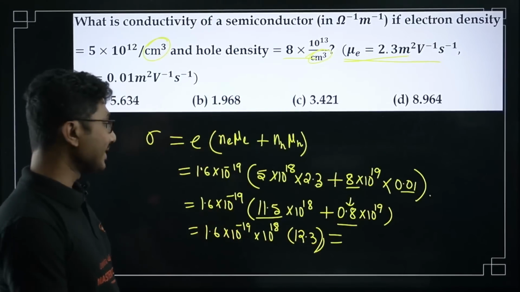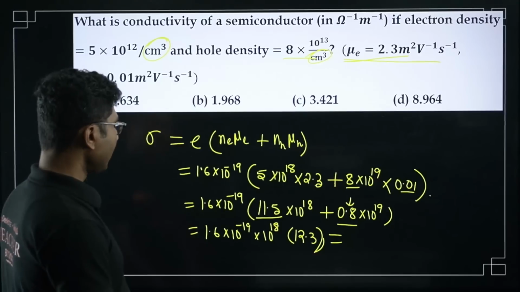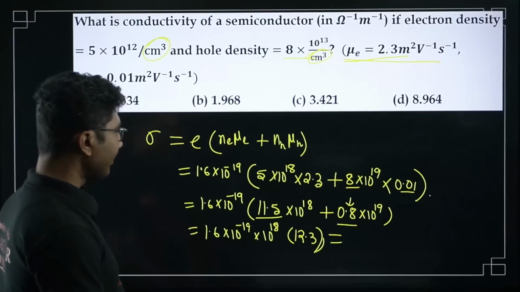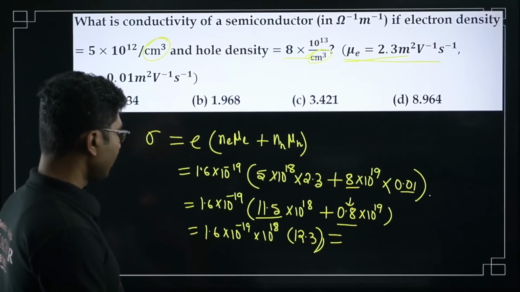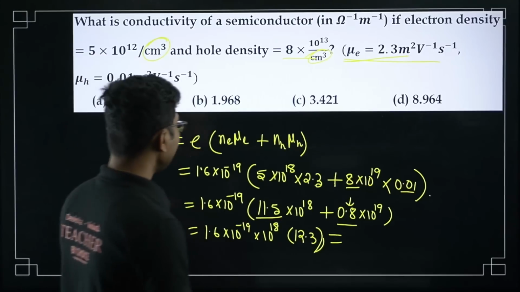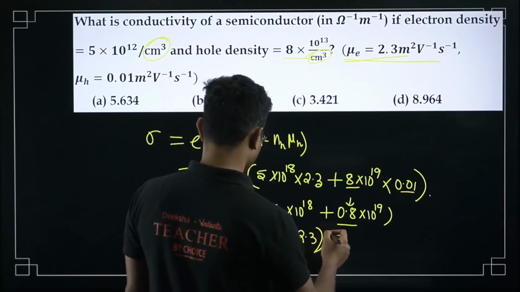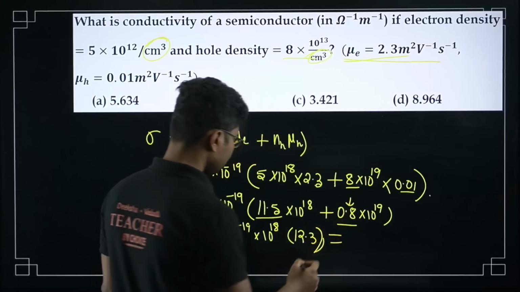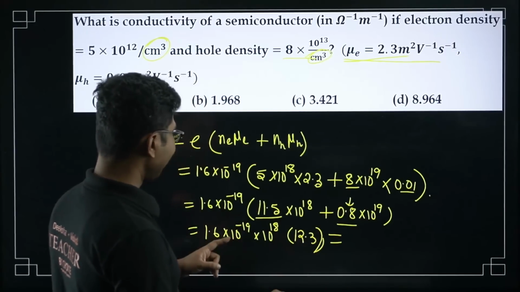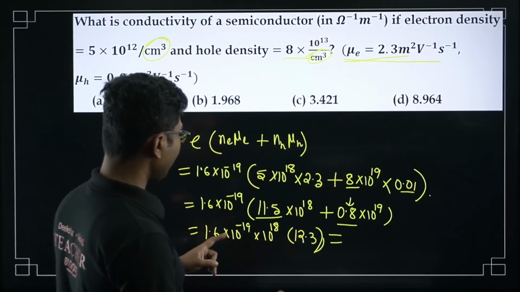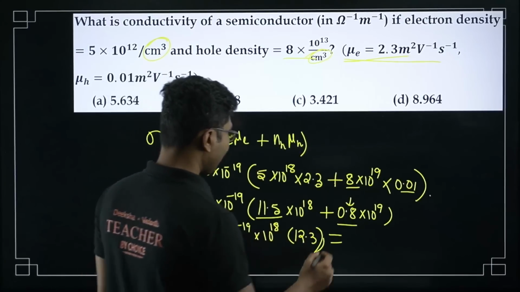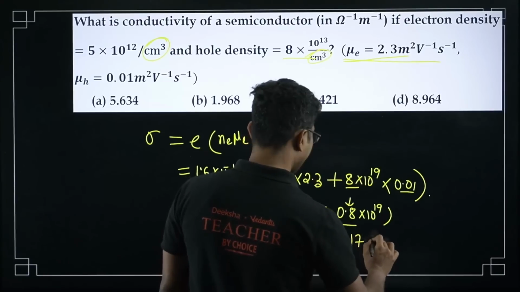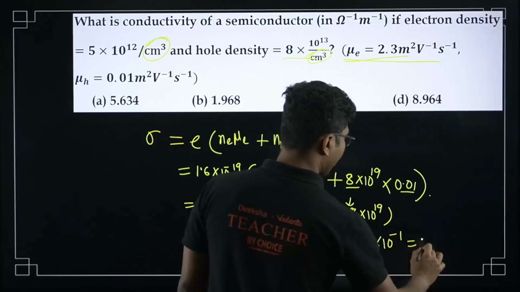12.3 into 1.6, that will be approximately 1.5 into 12 into 0.6, that is 1.7 or 17 into 10 to the power of minus 1, that is 1.7.